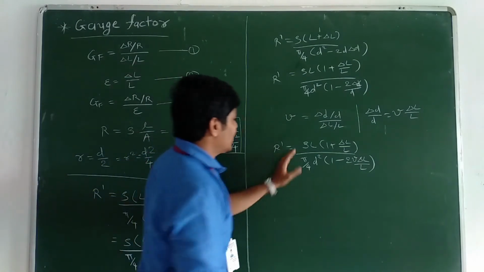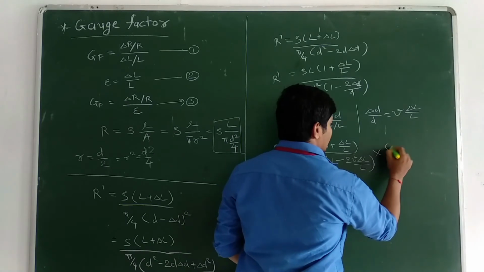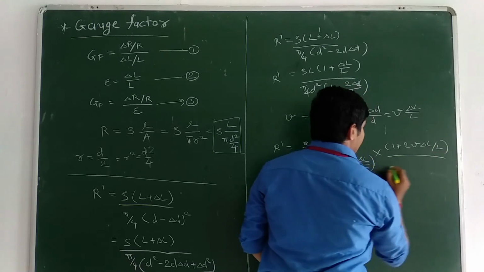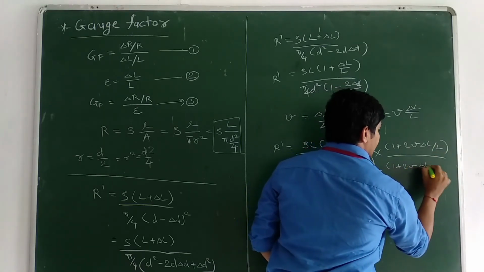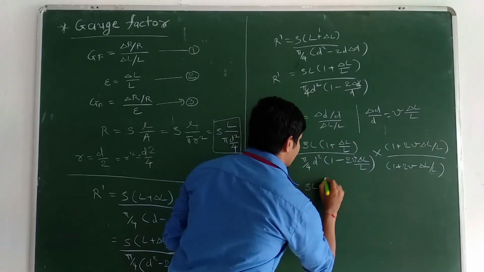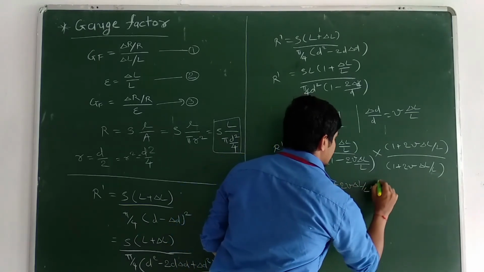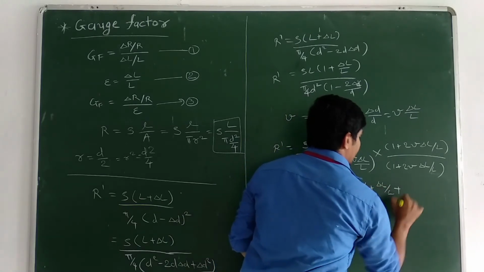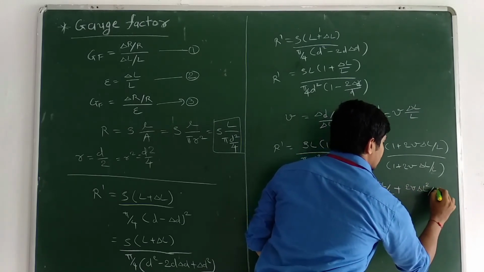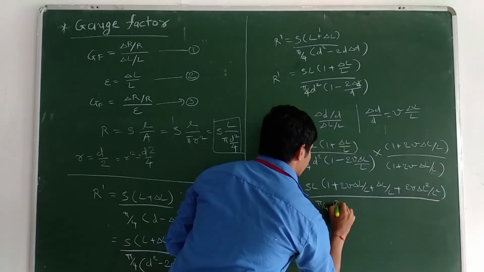Okay. Now multiply both sides with 1 plus twice V delta L by L. So we are multiplying both sides with 1 plus twice V delta L by L. Now multiplying both the equations, we can get rho L 1 plus twice V delta L by L plus delta L by L plus twice V delta L square divided by L square, and in the denominator pi by 4 d square.